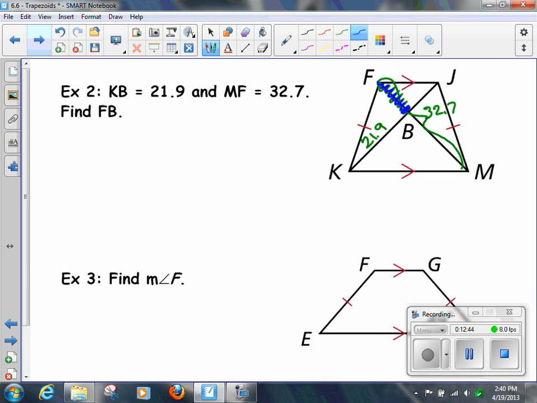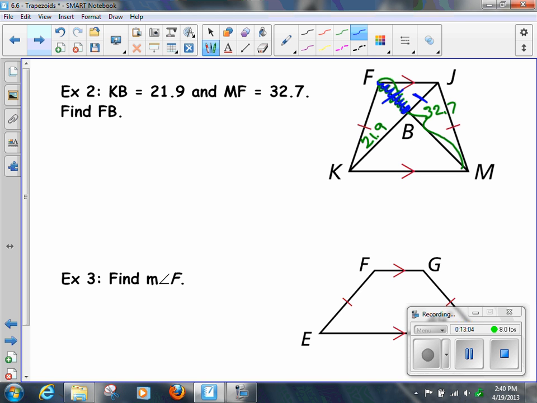What do you think is going to be true about, just look at it, even without knowing any theorems or anything? FB and JB are going to be congruent to each other.